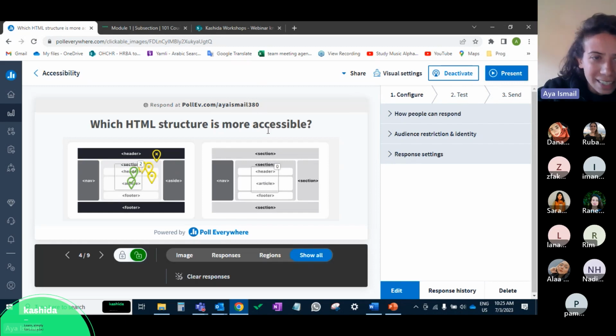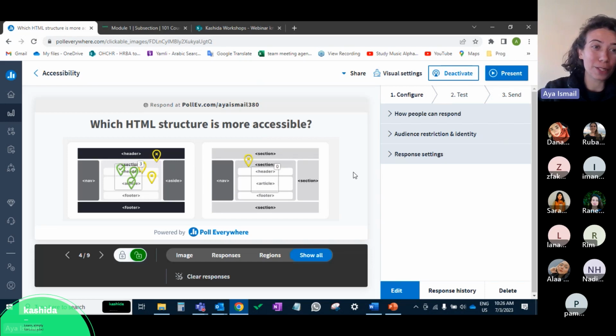I'm seeing X's and check marks. I'm not sure what the difference is between them, but it's a complex one.